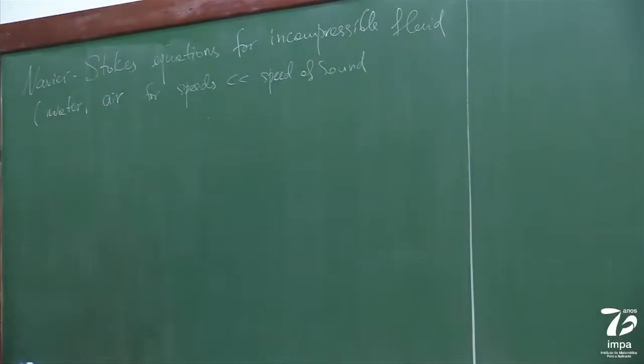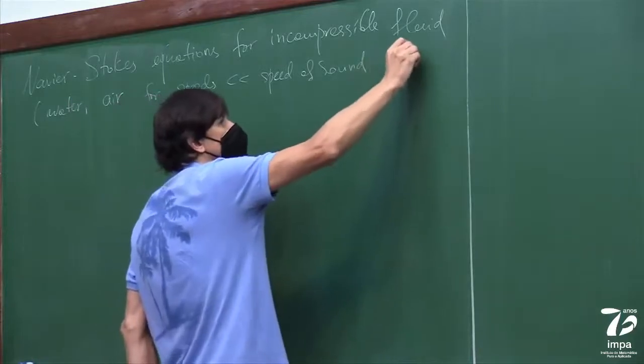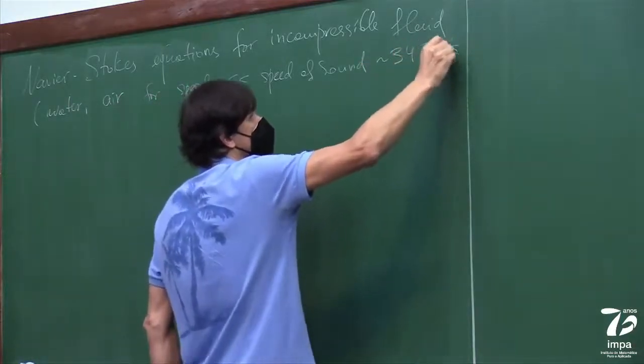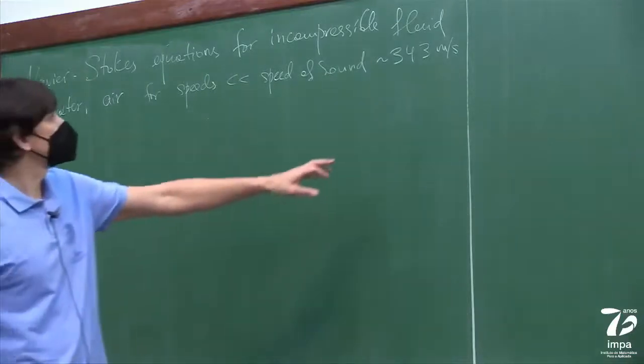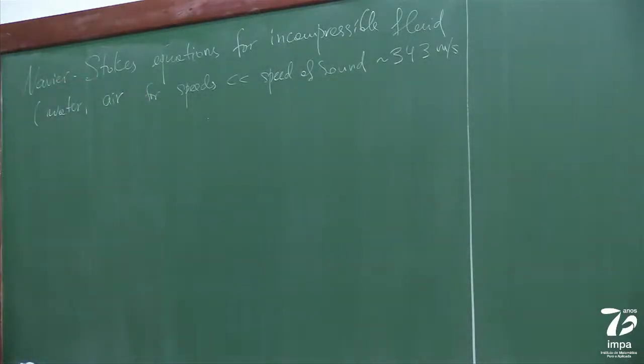So the incompressible model works very well for air when the speed is much smaller than the speed of sound, and the speed of sound is something like 343 meters per second. So essentially for everyday life, when the wind is at least 10 times smaller than the speed of sound, it can be considered to be incompressible.